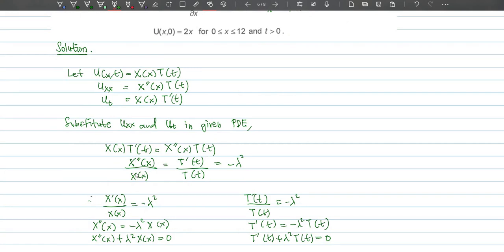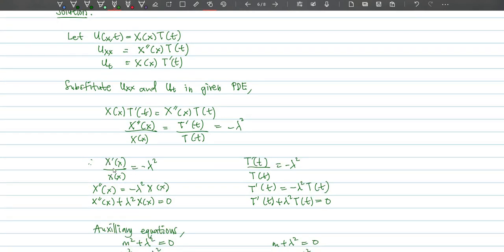Using the method of separation of variables, we separate terms of x with x and terms of t with t, and equal to negative lambda squared, which is a separation constant. So here it will be S''(x) over S(x) equal to negative lambda squared.